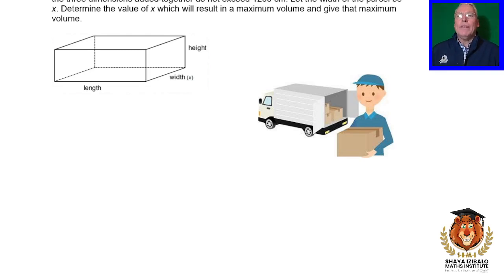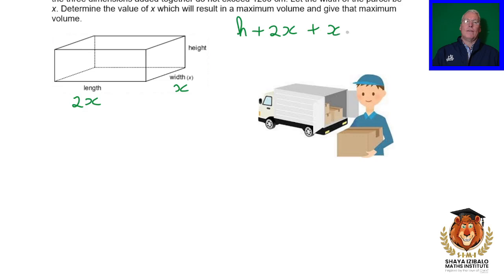The base is going to be twice as long as it is wide. That's x. This will be 2x. And the height, we want the height plus 2x plus x to be 1200. We want to make it as big as possible, so let's go with 1200.